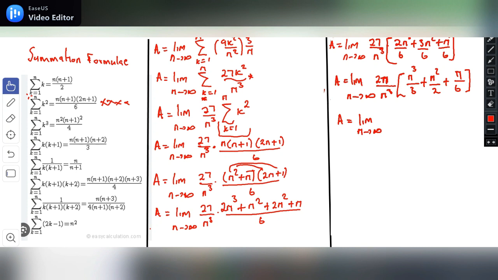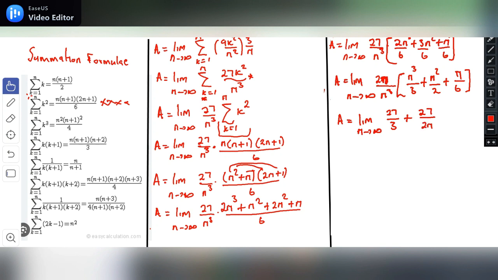So we'll be left with 27 over 3, plus 27 over n cubed multiplied by n squared all over 2, which is going to give us 27 over 2n.